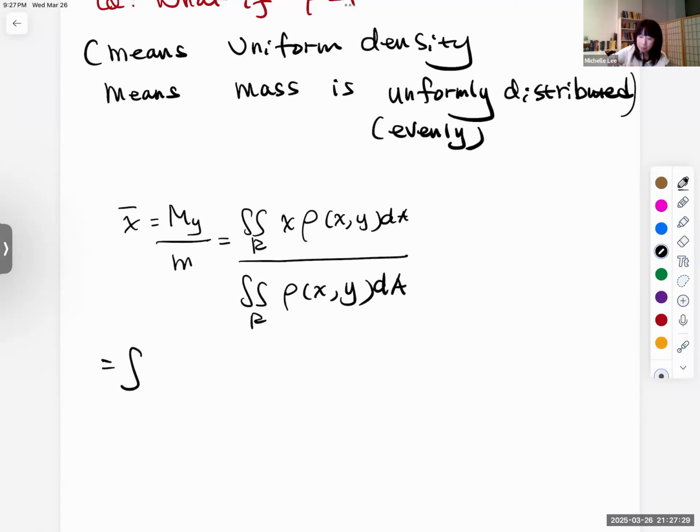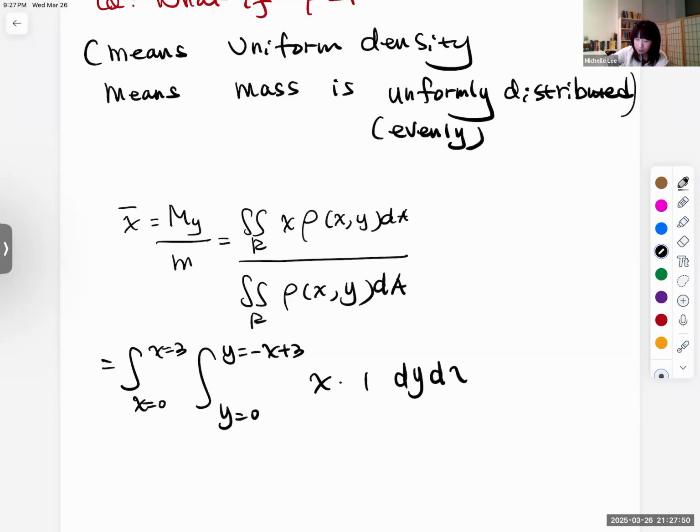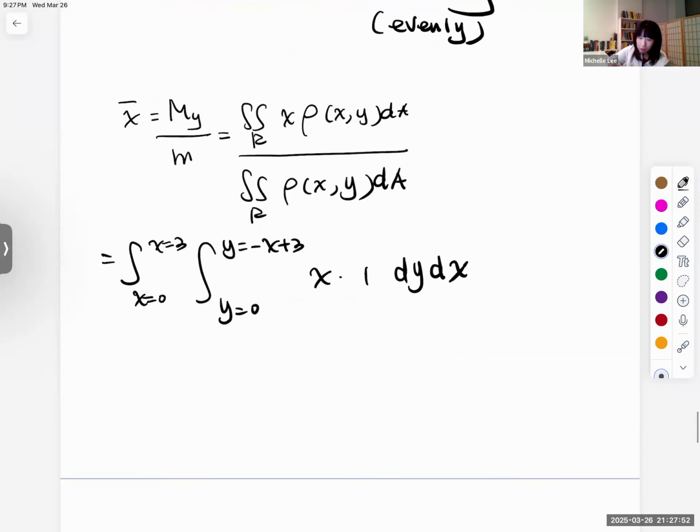We're using the same limits: x equal to 0 to 3 and y equal to 0 to negative x plus 3, and then rho equal to 1, and then the y dx. Equal to 1.